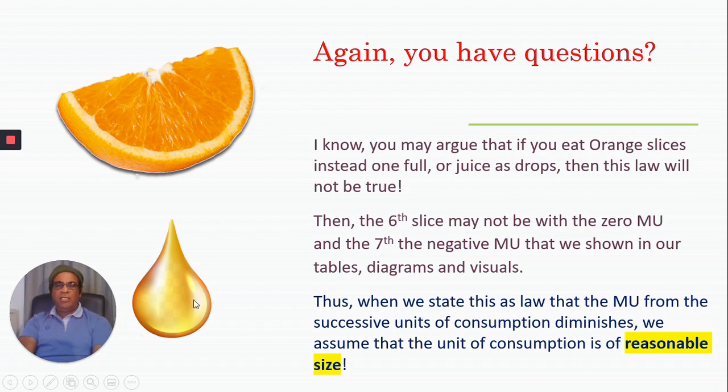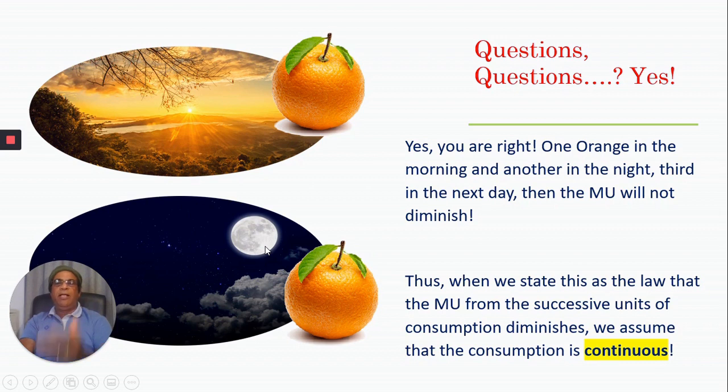So we assume that it should be a reasonable size. Taking an orange in the morning and another one in the night and the third one next day morning, no, this law will not hold. I agree. It will not come down. It should be continuous. We assume that we consume it continuously. So continuous is another assumption.